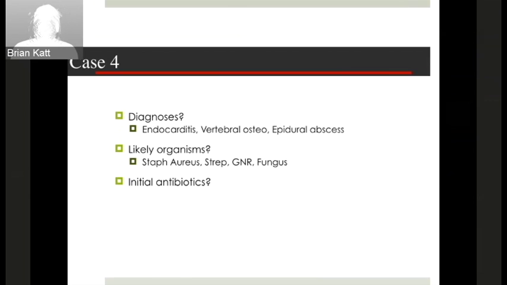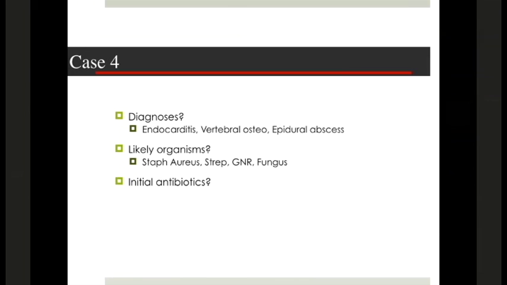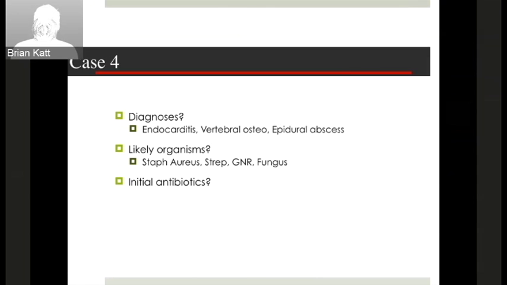So initially, what type of antibiotic would you put this guy on? I think Zosyn's not unreasonable. These are the organisms you're worried about: Staph aureus, strep, and gram negatives. You mentioned Pseudomonas, so you definitely want an agent that has anti-Pseudomonal coverage.